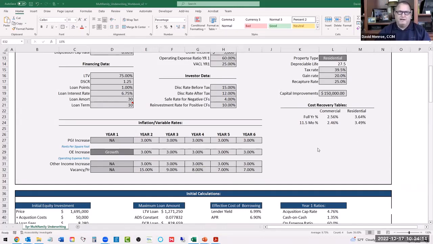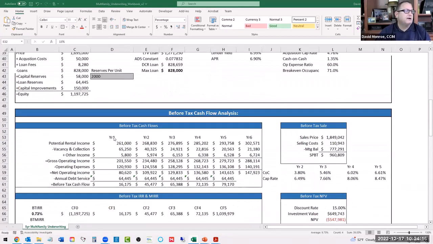When you look at a financial model, let's look at the discounted cash flow down here. So here is your T12. Let's just assume that all your income is here. All your vacancy and credit loss is here. All other income is here. All operating expenses are here. So we got potential rental income, gross operating income, operating expenses, net operating income.